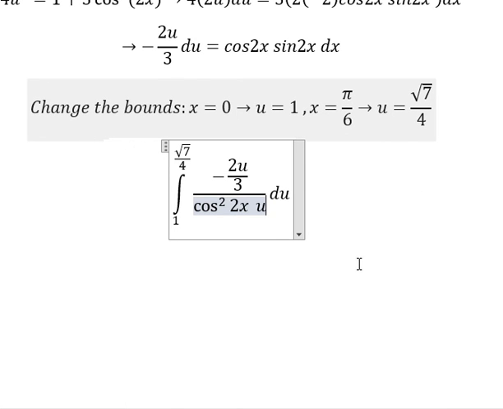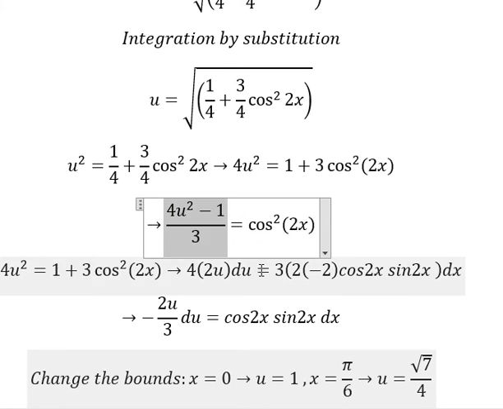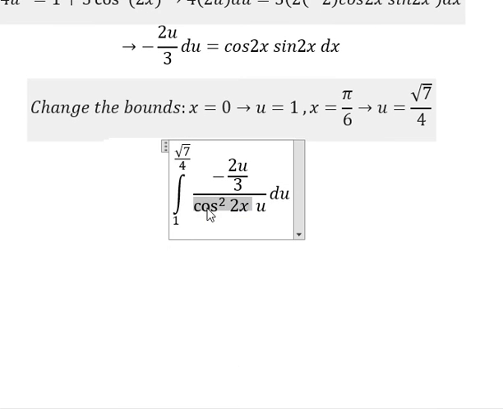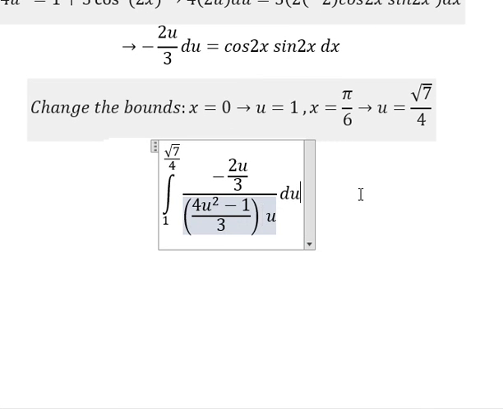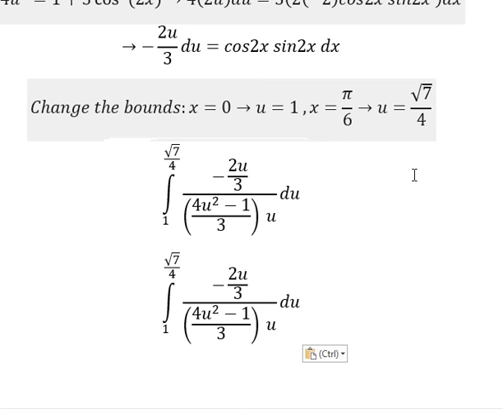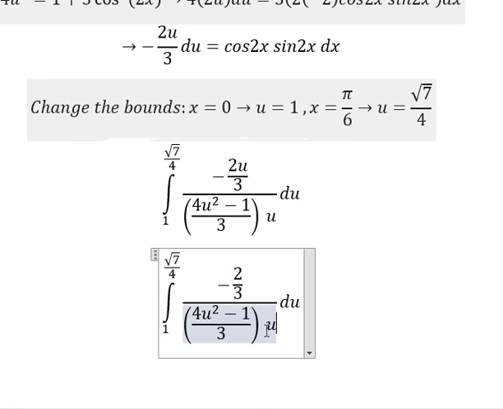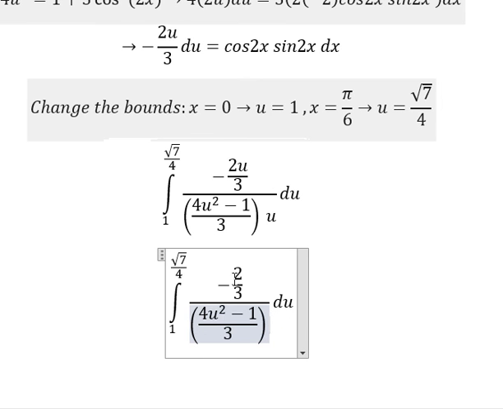Cosine 2x squared is this one. Now we need to simplify number 3 and number 3.